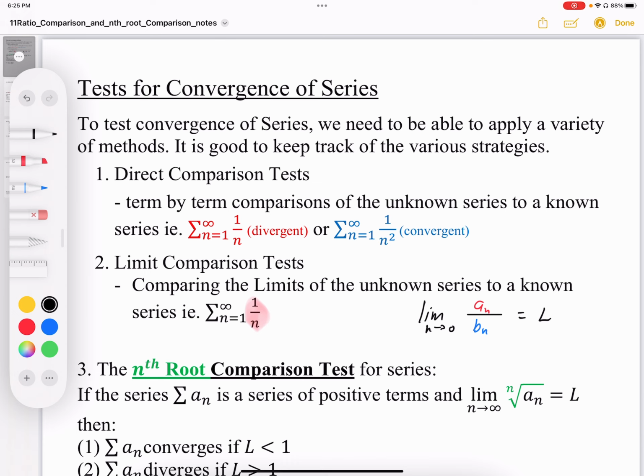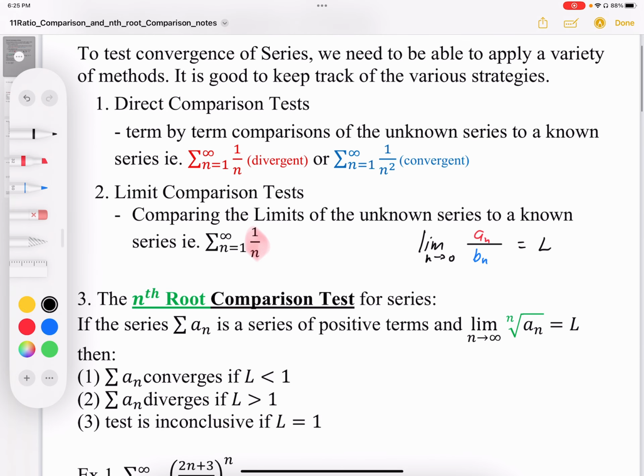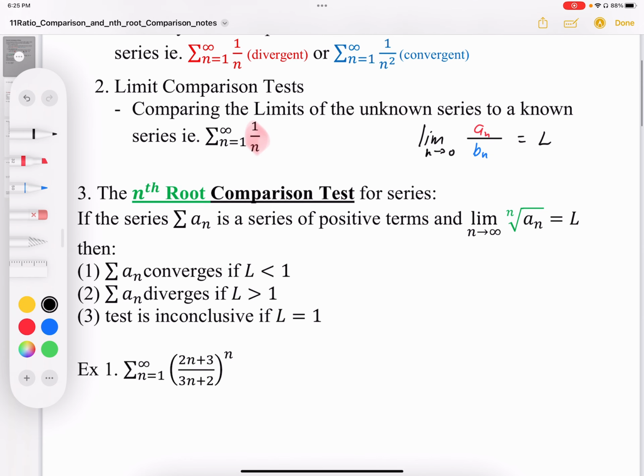Now there are some limitations to this, so we want to have some more strategies, some more tests that we can use. Another new one that we're going to look at is number 3, and this is called the nth root comparison test. The way it works is when we have a series with some terms an, we check what's happening to the terms when we take the nth root of it.